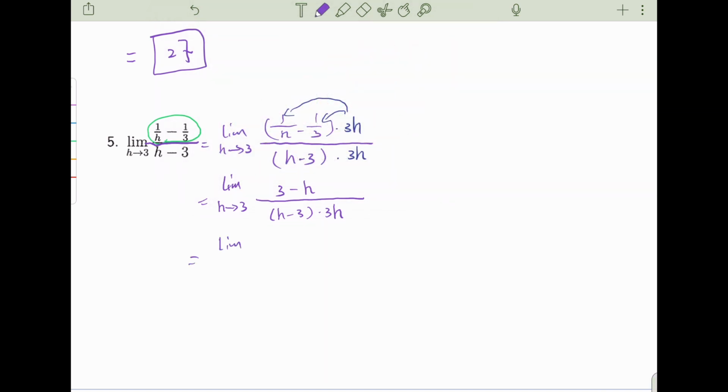cancel it out. If you haven't seen it, let me just reverse this subtraction, so I can write this as minus bracket of h minus 3. It's h minus 3 times 3h.